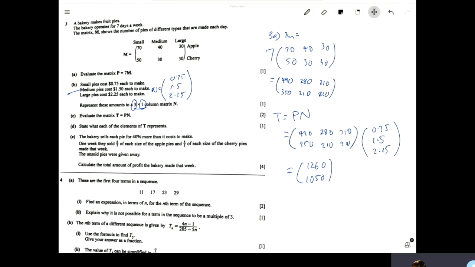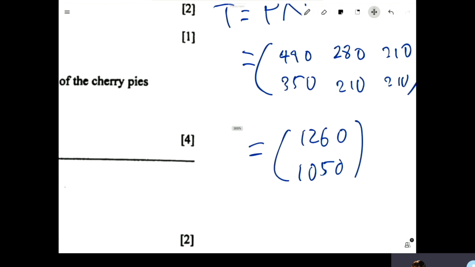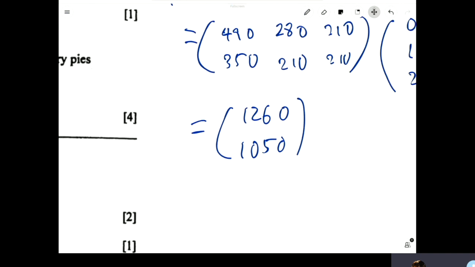Okay, so what does each of the elements in T represent? So the 1260, it actually represents the cost of making the pie in 1 week.